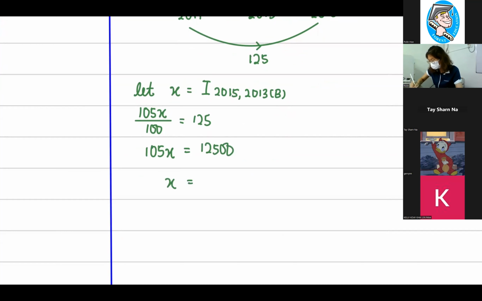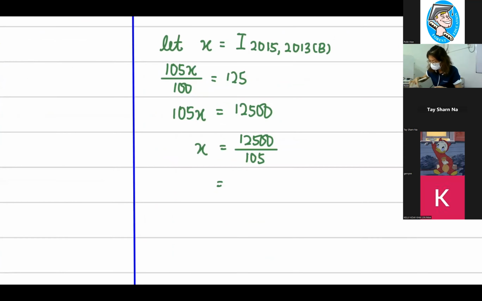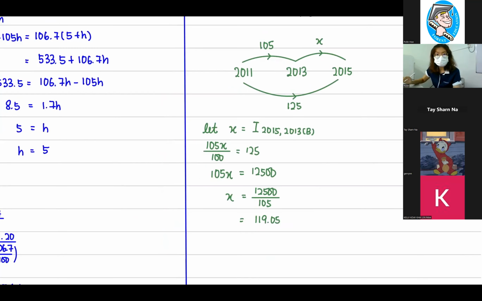So X is 119.05. This is the leap method. This is important. You have to let it be a name; if not, who knows what your X is?